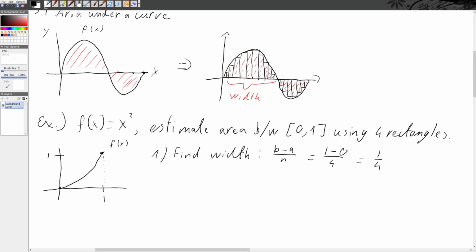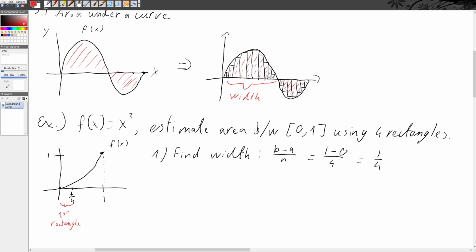So the first rectangle will have a width of 1/4. So that from 0 to 1/4, that's going to be my first rectangle. All right, where is the location of my next rectangle then?